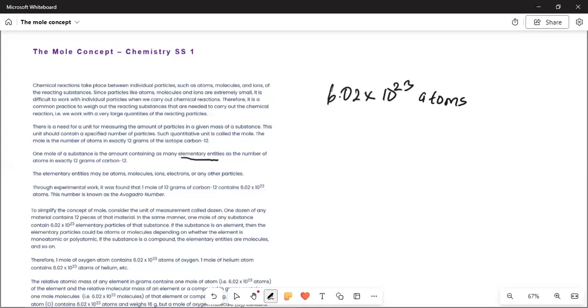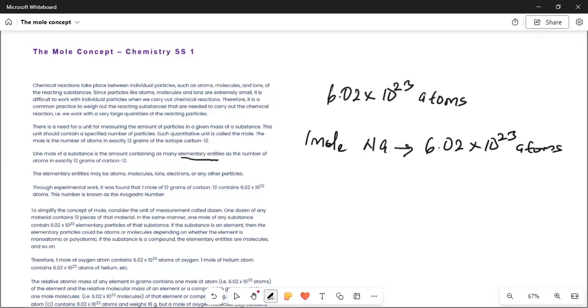So when we say one mole of an element like sodium, which is monoatomic, how many atoms does it contain? As long as it's one mole of sodium, it should contain 6.02 times 10 to the power of 23 atoms.